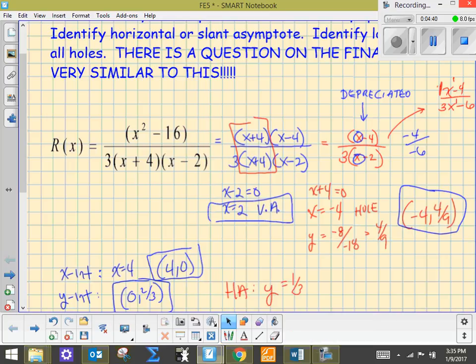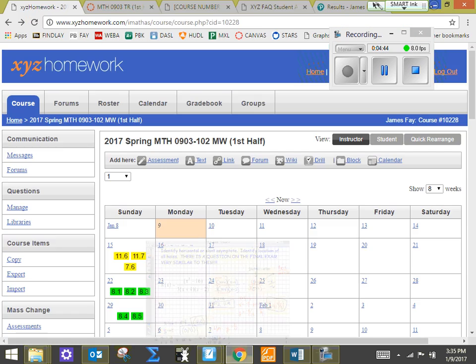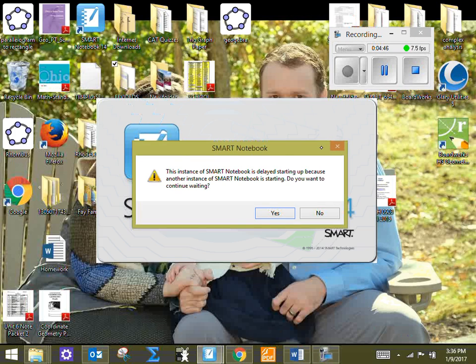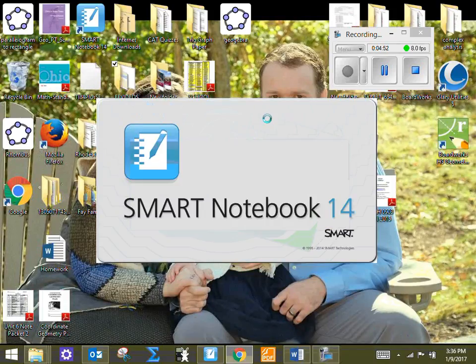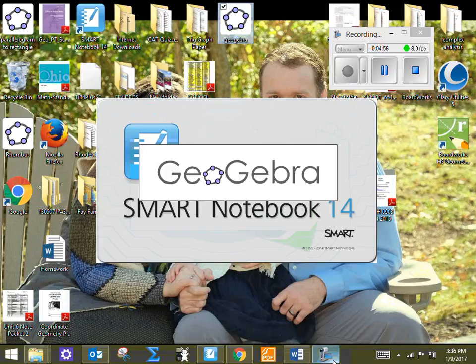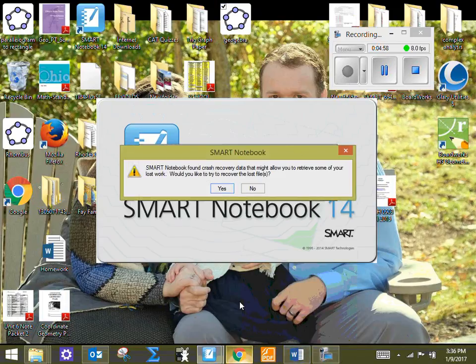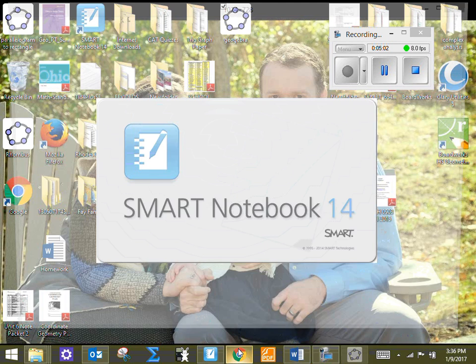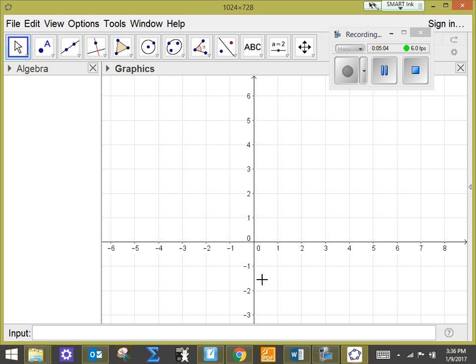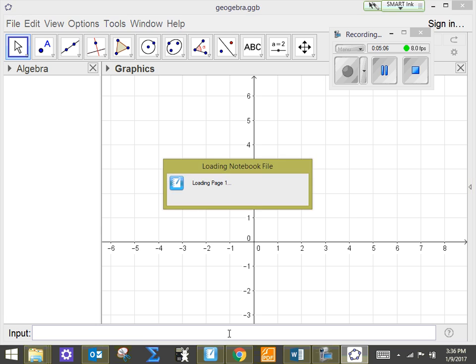Now I'm going to go to GeoGebra real quick and graph that equation, and that should provide us verification that we're right.